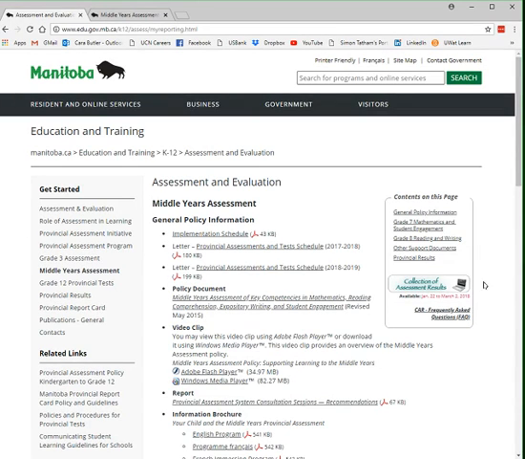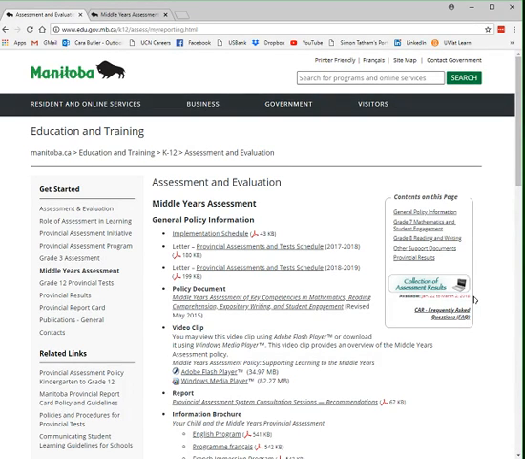This is where you'll know the collection of assessment results. They still have the dates for 2017, 2018 here, but generally this happens in the month of February. So about a week before February begins, the CAR website will be open to enter in results on the computer, and all the data is collected online, which goes in line with which students were enrolled in that class at the beginning of the year.